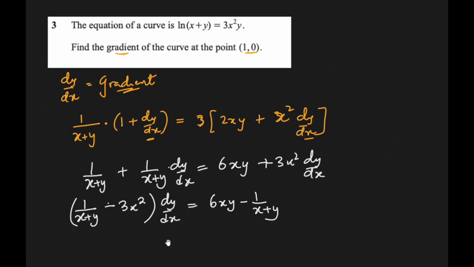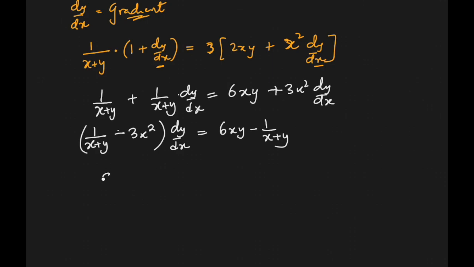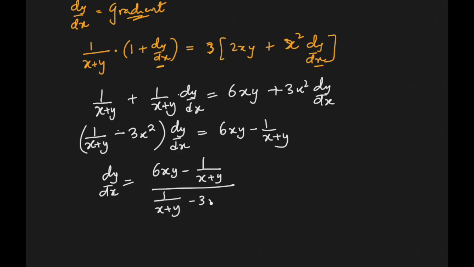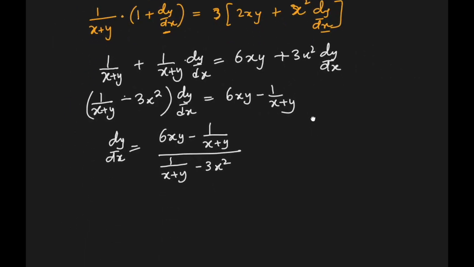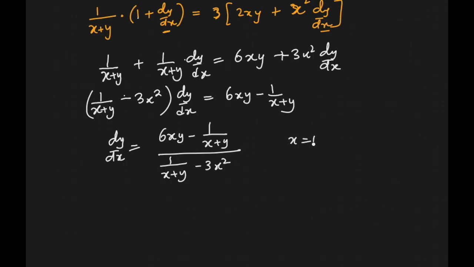Alright, so dy over dx will be 6xy minus 1 over (x plus y), divided by 1 over (x plus y) minus 3x squared. And now we know that the point is (1, 0), which means x is 1, y is 0.